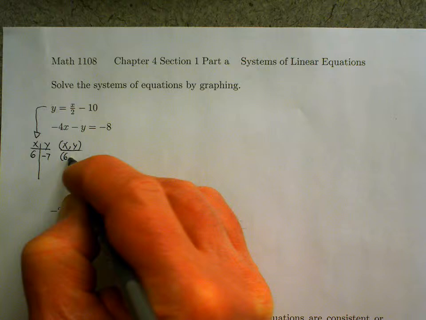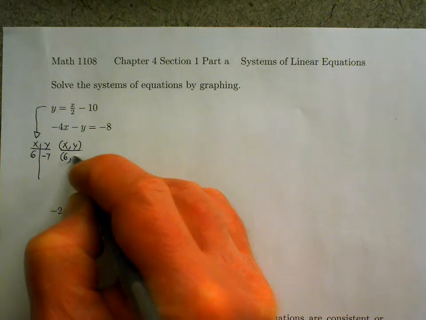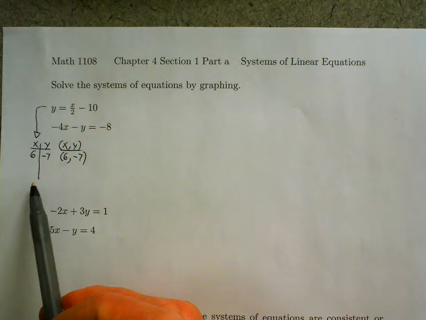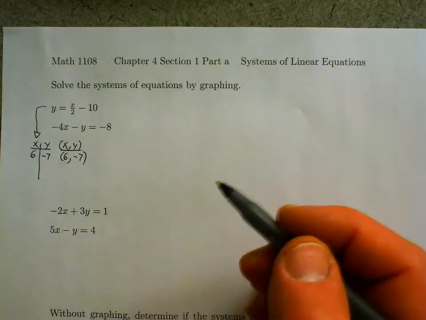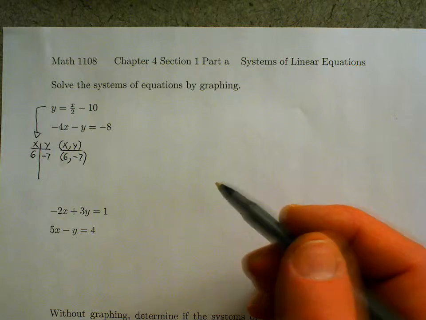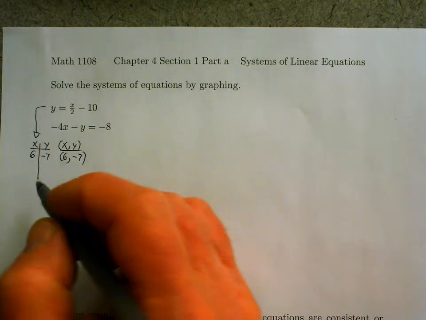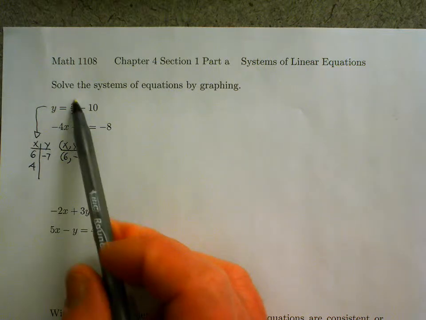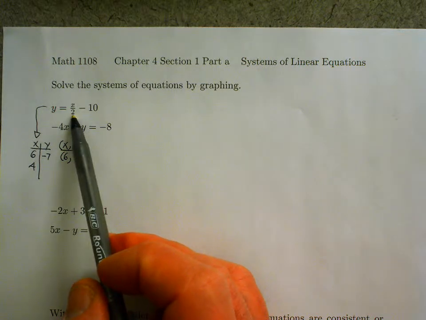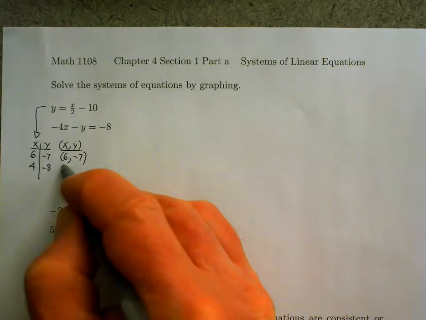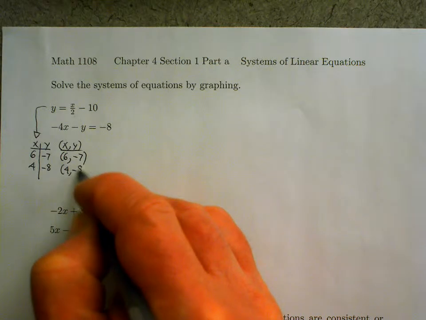So the ordered pair 6, -7. And then one other ordered pair. So how about x is 4? 4 divided by 2 is 2. 2 minus 10 is negative 8. So 4, negative 8.